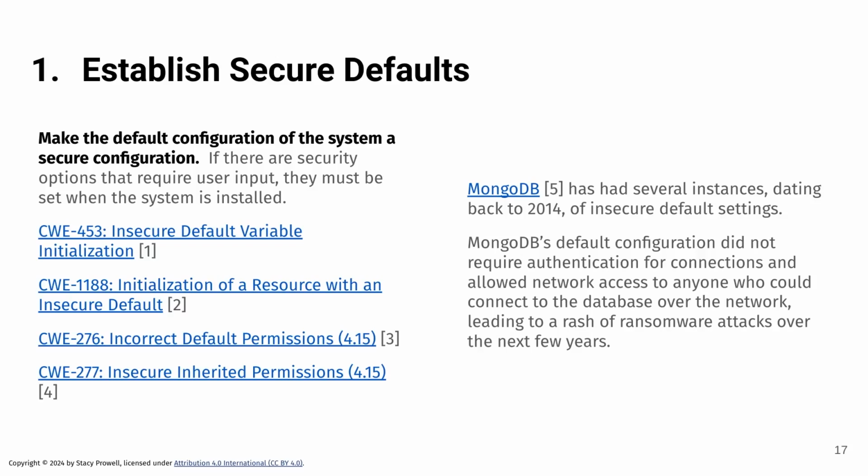It will run locally. Well, you know what? It's got an internet connection to it, and you forgot to lock that down, so people can just connect to your little local database and do whatever they want. That's not good. And this has led to a bunch of ransomware attacks over the years. You can read all about that.